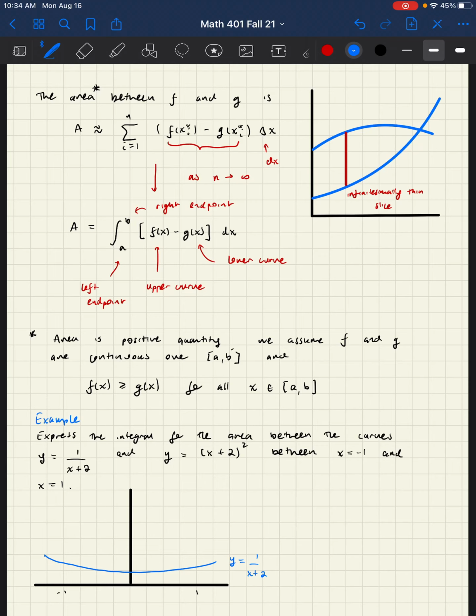Meanwhile, x plus 2 squared looks roughly like this. Actually, I'd like to make that a little sharper, just because there's more curvature going on here. Okay, so we're only talking about between 1 and -1.